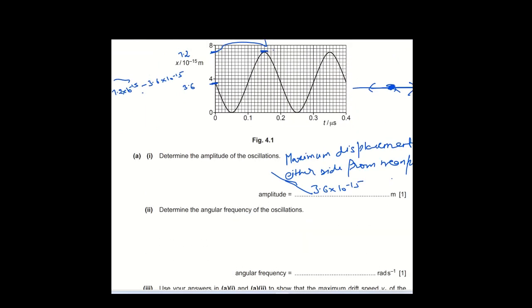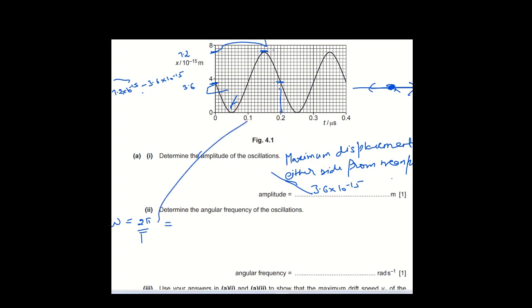For angular frequency, we know that omega is given as 2 pi by T. And if omega is 2 pi by T, we have to note down the value of time period from here. Time period here is given, so the cycle is starting from this position and again ending at this position. So this is 0.2.